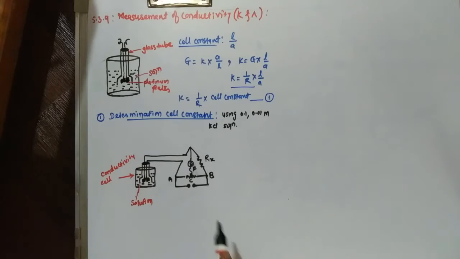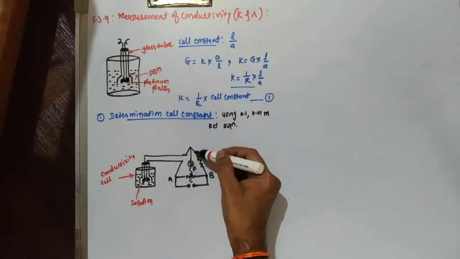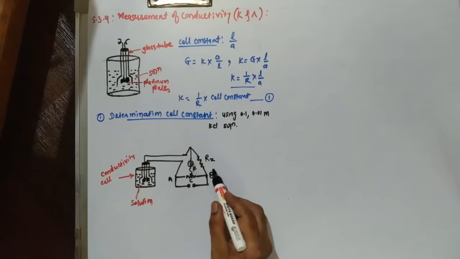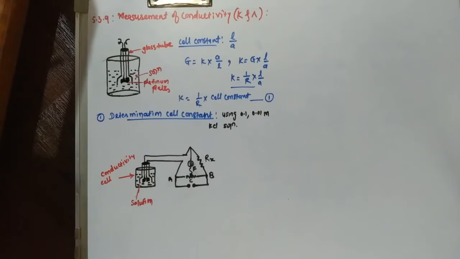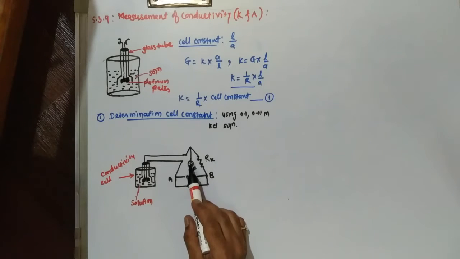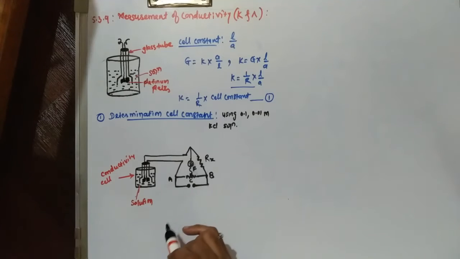In this experiment, AB is the uniform wire stretched between the 2 points A and B. The right side arm of this diagram consists of Rx, one of the known resistances, and D is the detector.